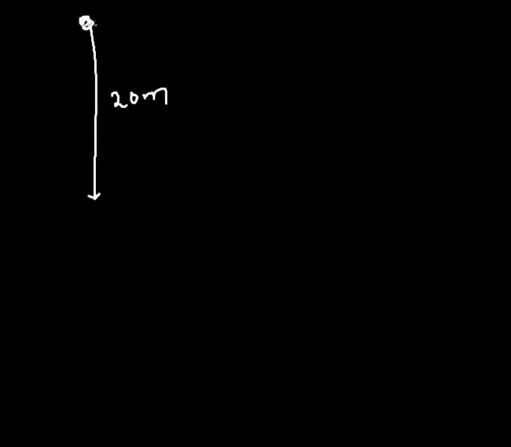Remember that from downward projection, once a ball is released from a height, coming from rest, the initial velocity is equal to 0. Since the initial velocity wasn't specified, it simply means that it's coming from 0. So now u is 0. What else do we have?